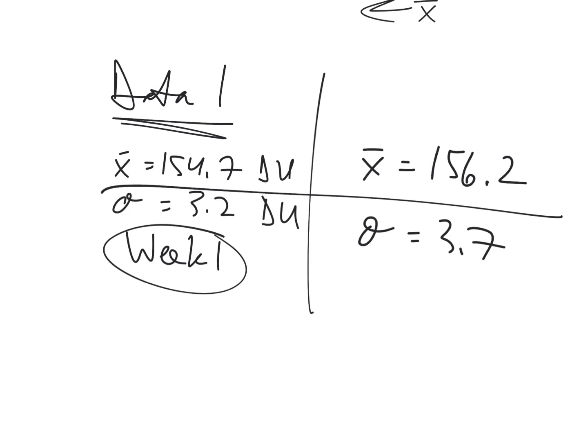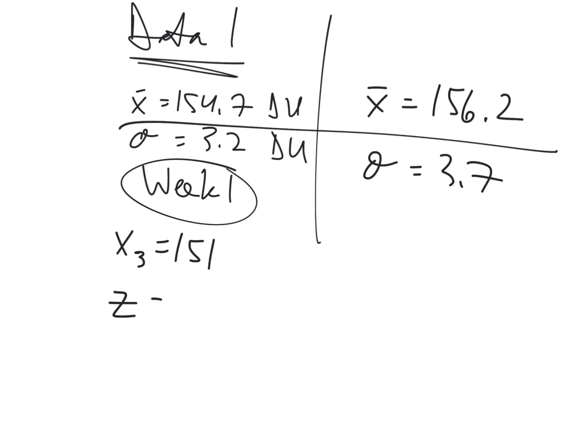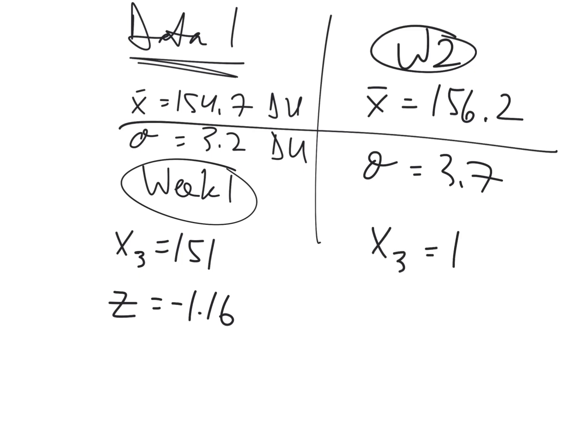Let's pretend. So now we can compare where this piece of data falls within the data set. So if in week 1, the third day was 151 Dobson units, and we just calculated the z-score, it's negative 1.16. In the next week, we'll call this week 2, let's pretend the third day was also 151 Dobson units.